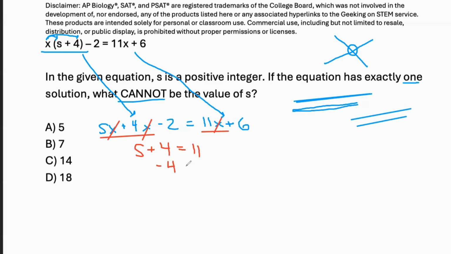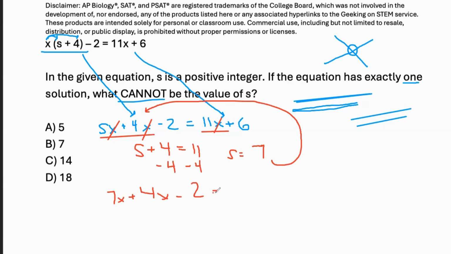We subtract 4 from both sides, and essentially that gives us s equals 7. Now we can substitute that 7 back into our equation here. So we have 7x plus 4x minus 2 equals 11x plus 6. We can combine like terms here, so we can see that it's 11x minus 2 equals 11x plus 6.